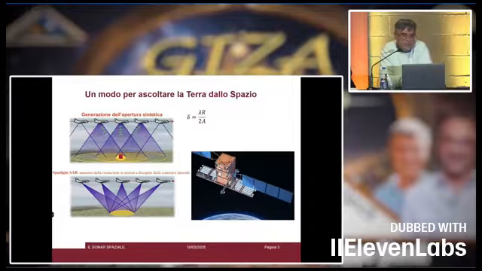Okay, as the years went by, the idea was to try to install radar on board satellites. To do what? To generate electromagnetic images.